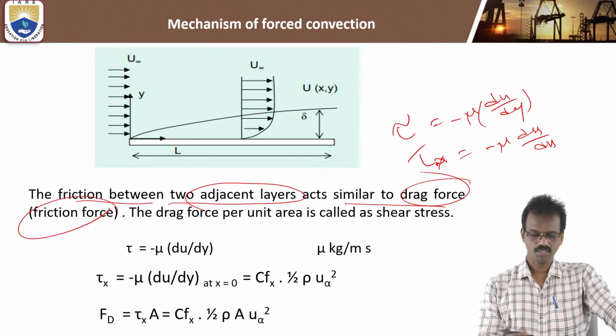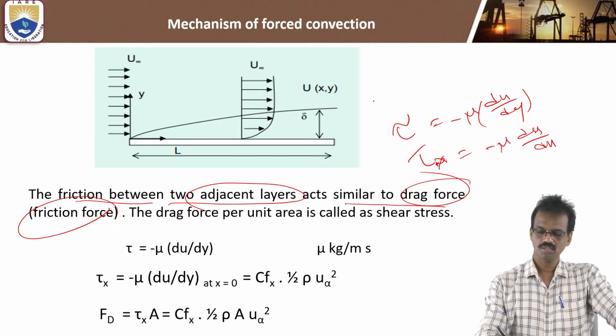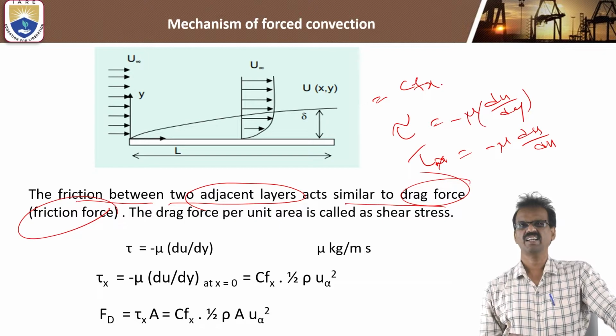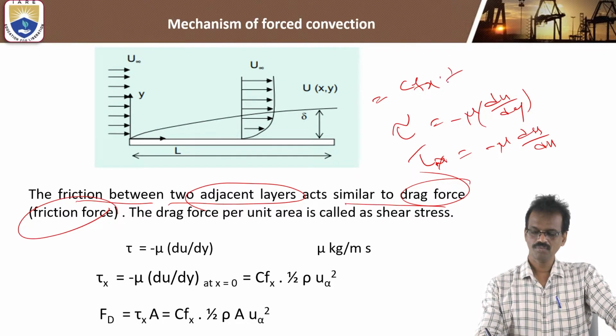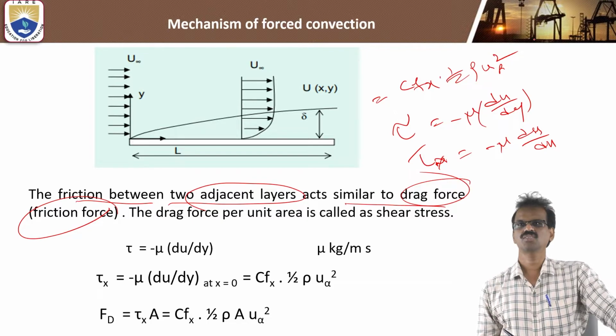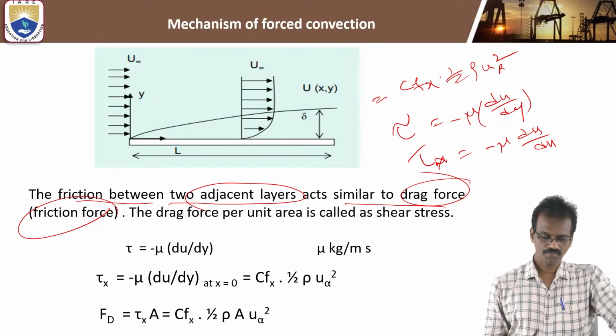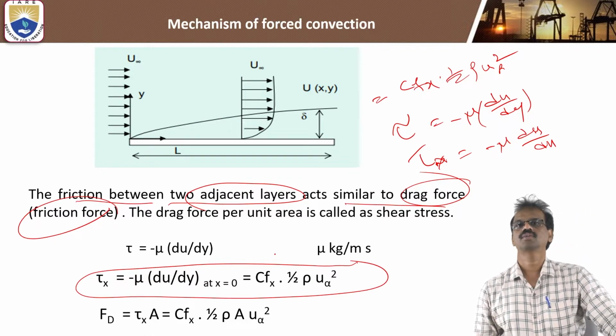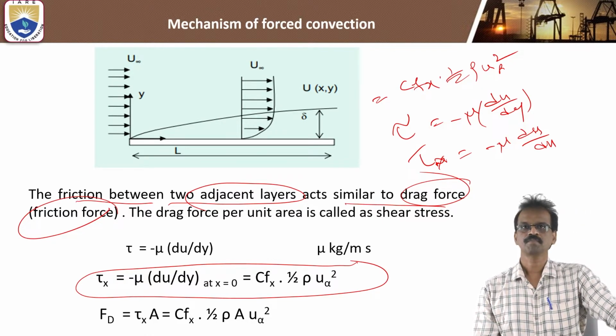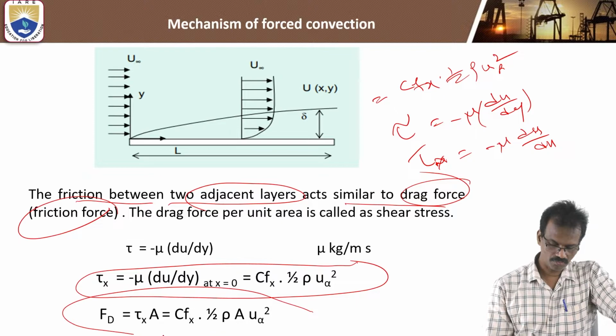You can write this as Cfx, the drag coefficient, into half into density rho into velocity square. This is the formula for the shear stress, and you already learned it in fluid mechanics.